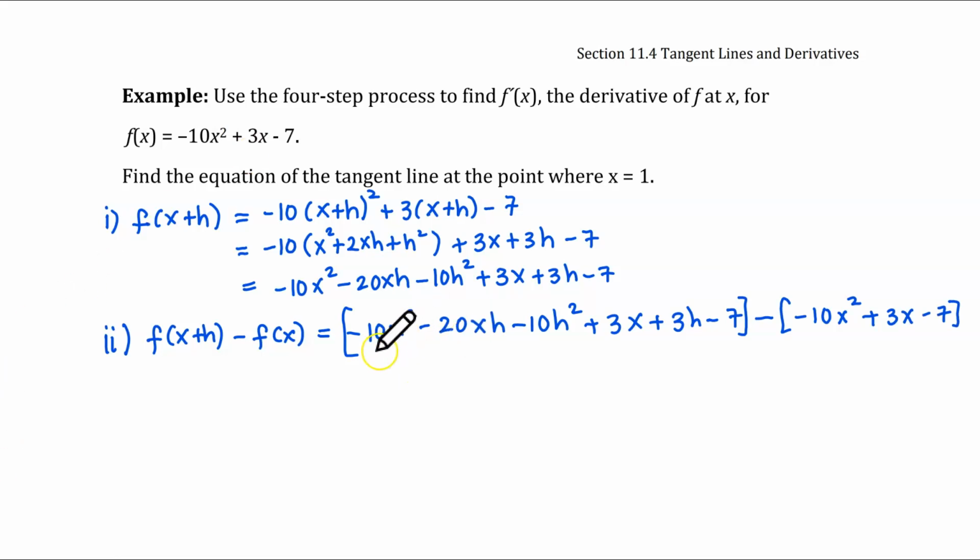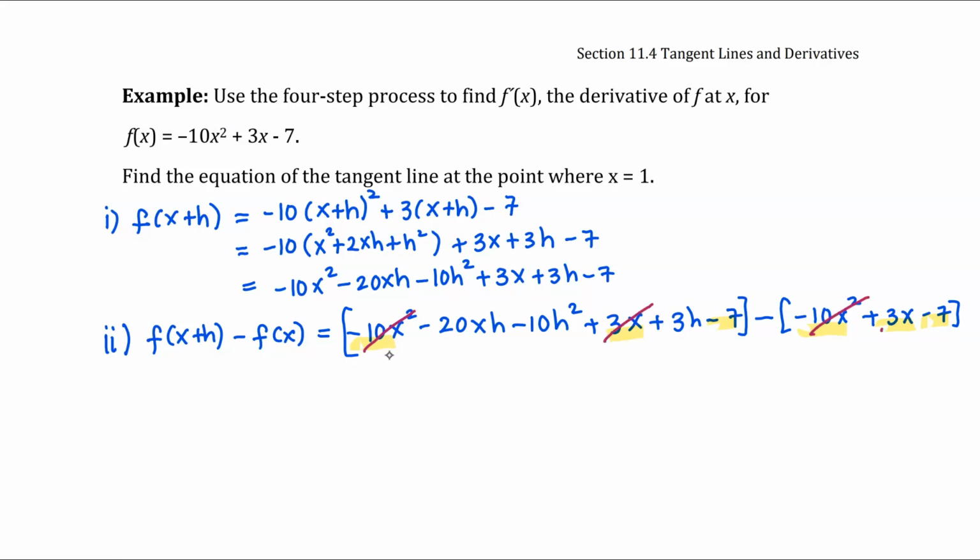Now subtracting these two, notice that this term here is also in here, and this one here is here, and -7 is also here. So that means that we can cancel these expressions because you subtract them.